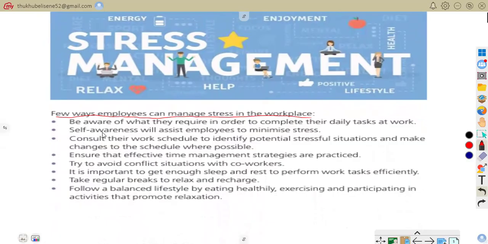The first one is to be aware of what they require in order to complete their daily tasks at work. Know what is needed to complete the task. By understanding the requirements, that reduces what? Confusion.